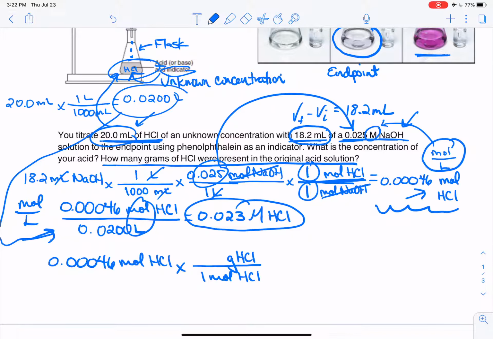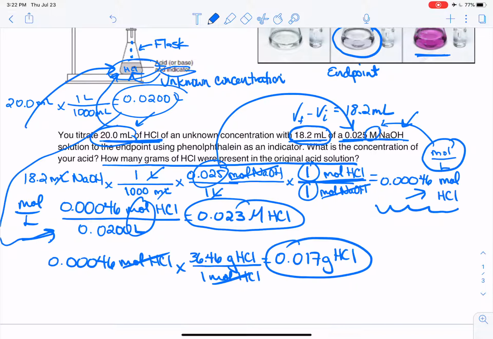And that conversion factor is the molar mass of HCl. So you just pull out your periodic table and you go, okay, a chlorine weighs 35.45. And hydrogen weighs a little bit above 1, so let's go with 36.46 for this. Whiz bam bang, we do the calculation on this and we end up with 0.017 grams of HCl was in that original hydrochloric acid solution.